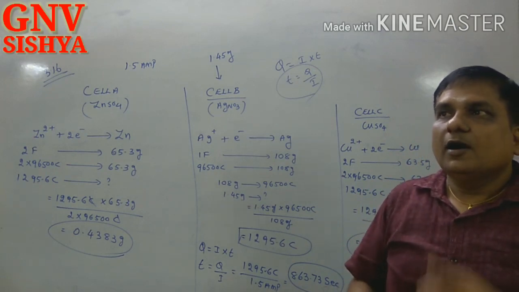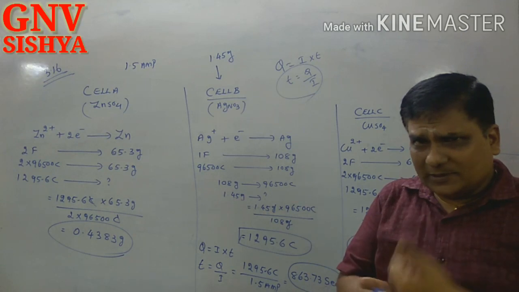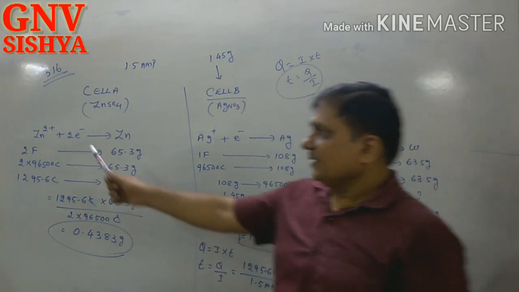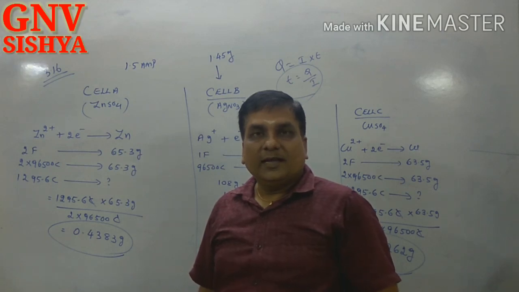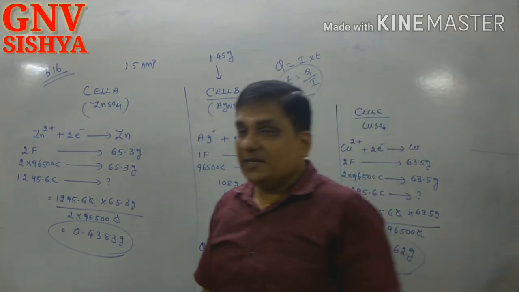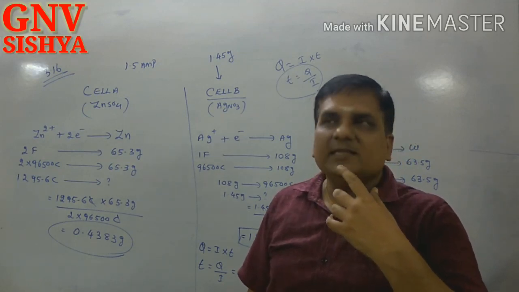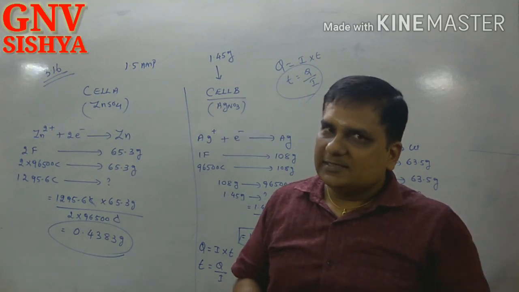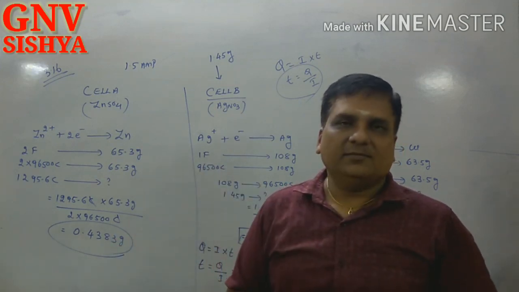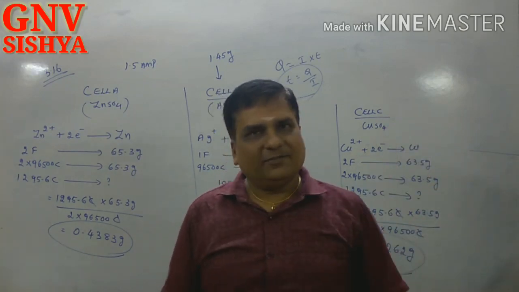What is the second half? How much amount of zinc deposited? How much amount of copper deposited? Come here. Zn2+ plus 2 electrons gives zinc. Had it been an offline class, immediately some of you might have asked me, sir, should we memorize the molar mass of zinc and copper? Immediately I would have said in the affirmative, yes. Zinc 65.3, copper 63.5.